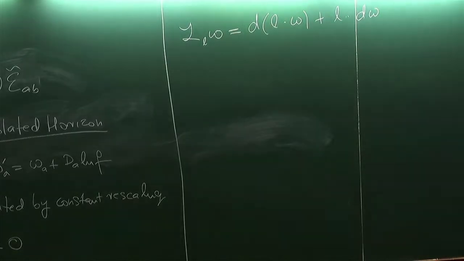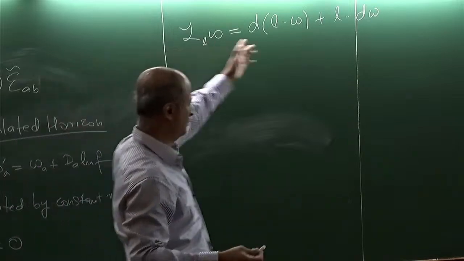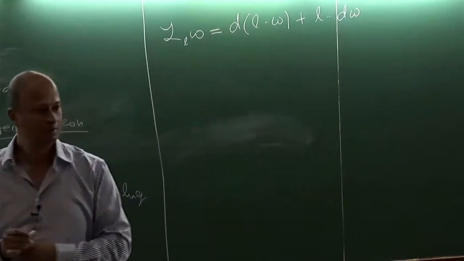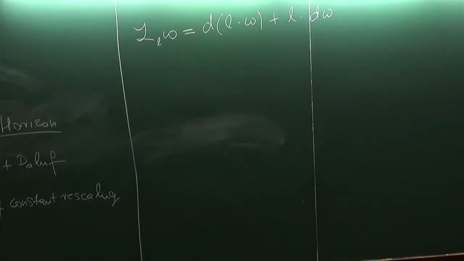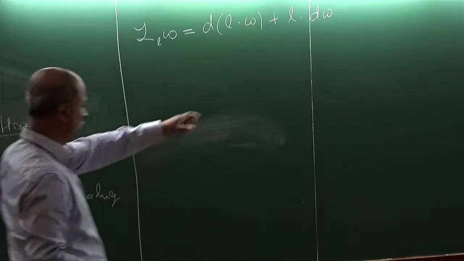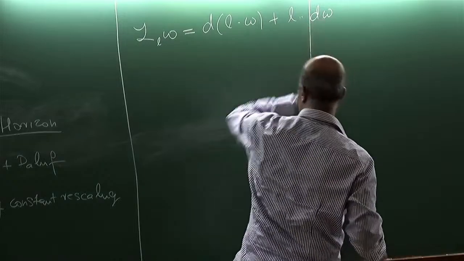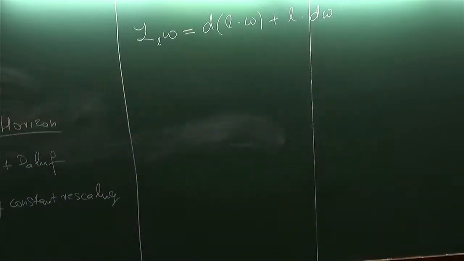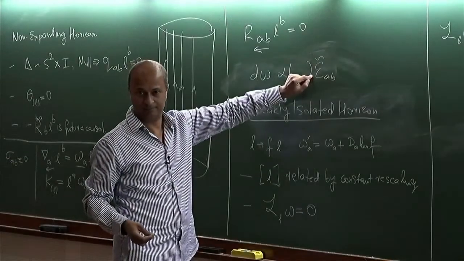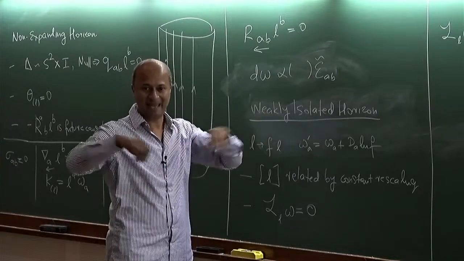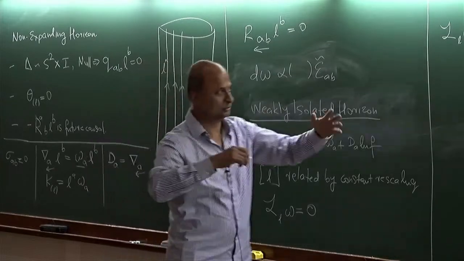You can show this by indices, but if you know exterior calculus, this is one of the basic properties of Lie derivatives. Then you notice that we just saw that this d omega is proportional to this epsilon tilde, which is completely angular. Therefore, this term goes away.